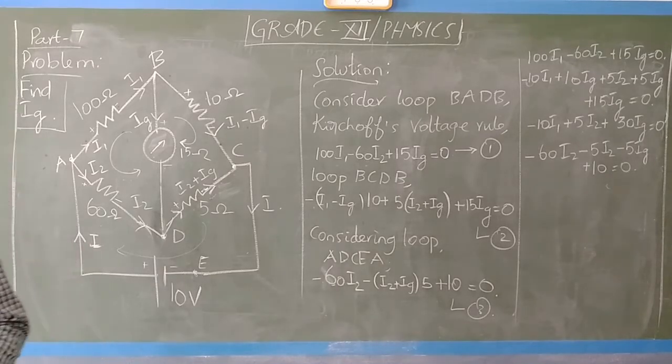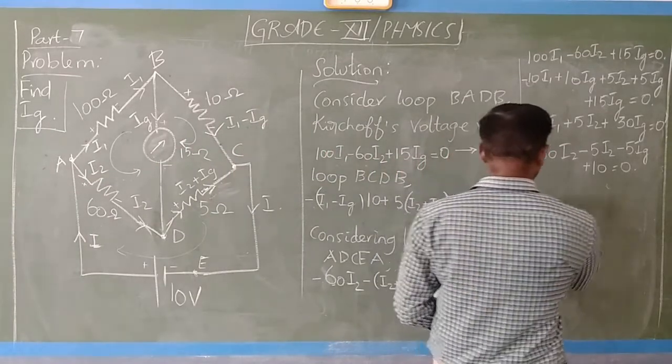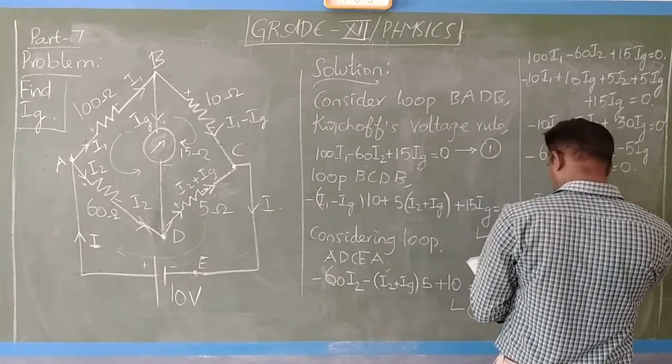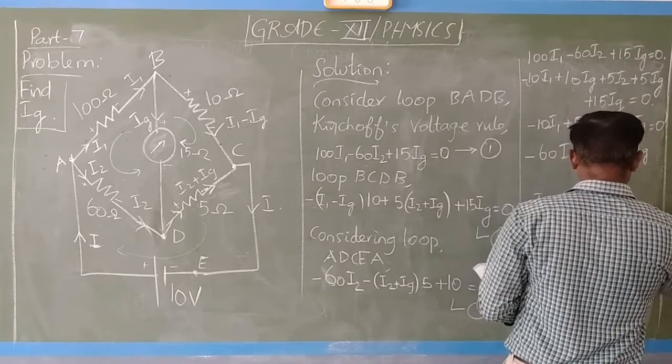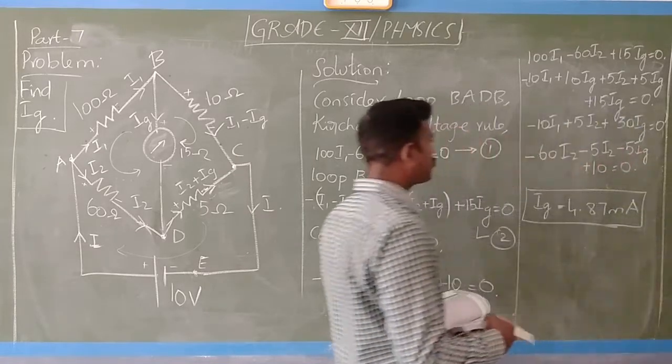And I will give the answers for you. So the actual answer we get is Ig is 4.87 milliampere. This is the answer.